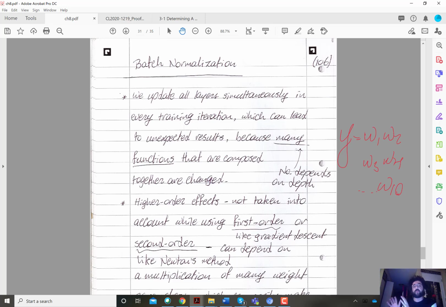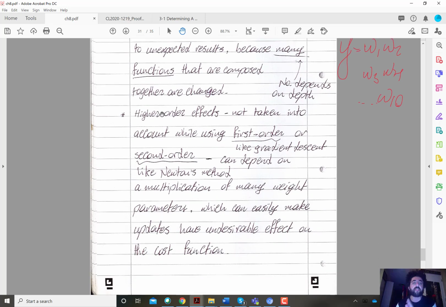That's one problem. Another problem is higher order effects not taken into account while computing the first order, if you're doing gradient descent, like stochastic gradient descent, or even a second order method, like Newton's method or conjugate gradients, or any of the methods that rely on computation or approximate computation of the Hessian. These methods would not take into account higher order derivatives. These higher order effects can be significant and depend on the multiplication of many weight parameters as well, not just the first order.